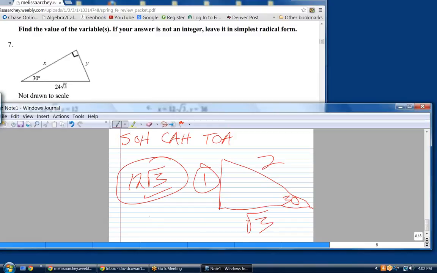All right. Well, 12 root 3 times root 3 is what? 12 root 3 times root 3? Uh-huh. Don't do this on your calculator. Just tell me what that is. I want to make sure you know how to do that. Wouldn't it become 12 root 9?